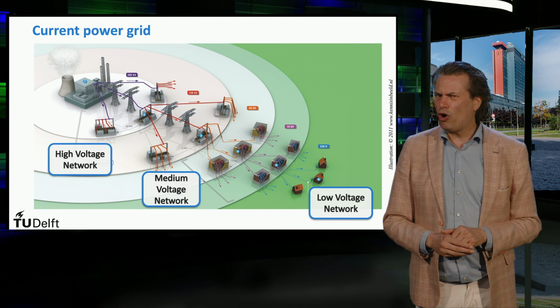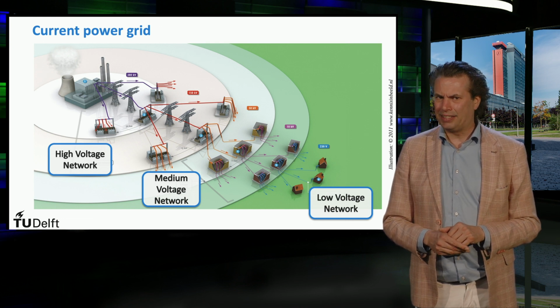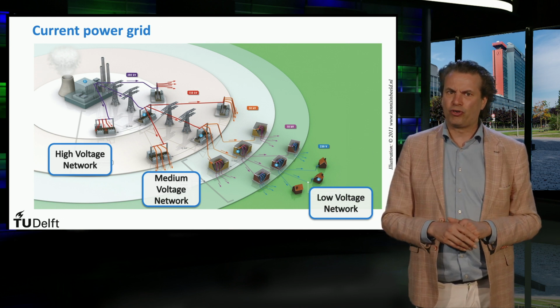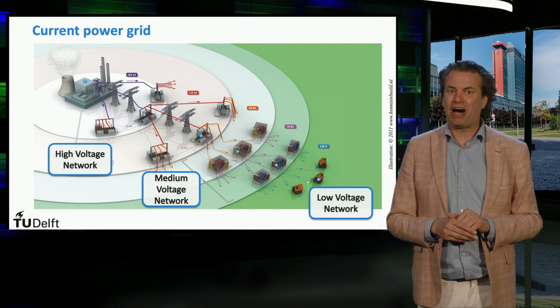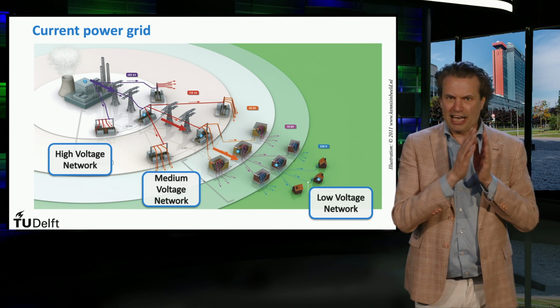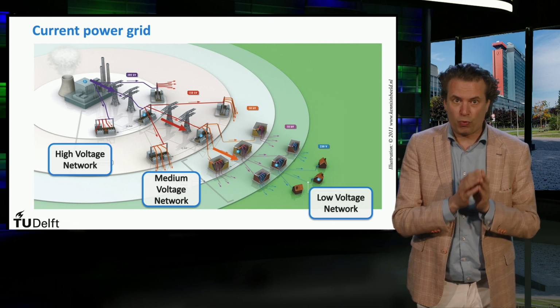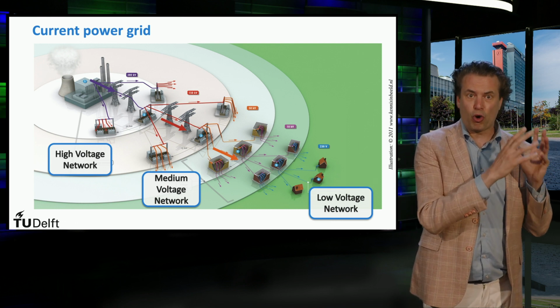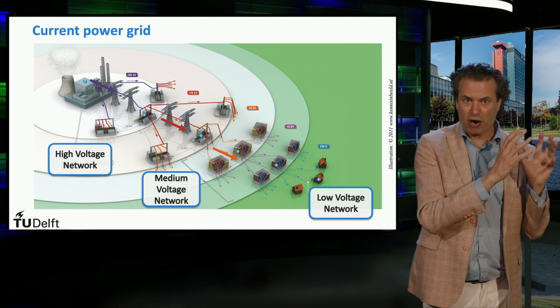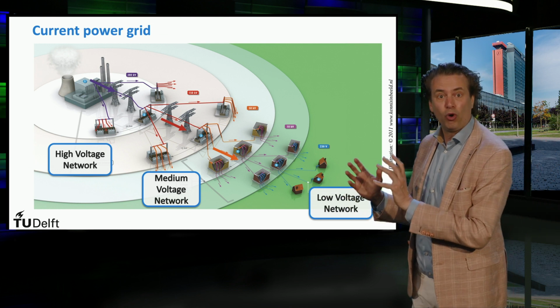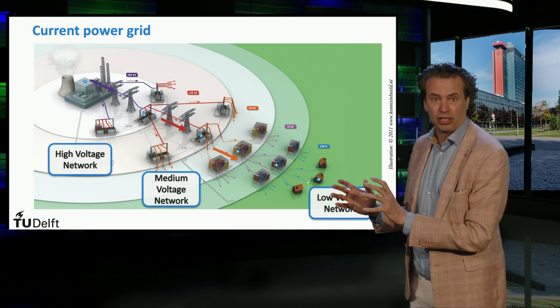Let's have a closer look at the diagram. Notice the direction of the power denoted by the arrows. As you can see, there is a unidirectional power flow, which means that the generation occurs only at the generation side of the power system and consumption only at the distribution side.